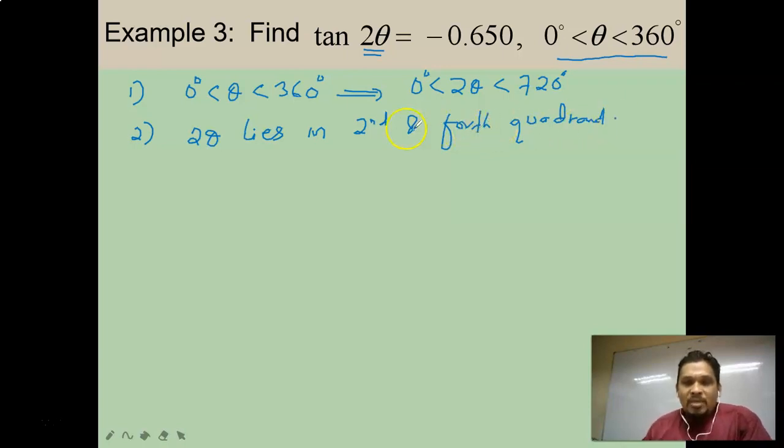Again, 2 theta lies between 0 and 720 degrees, meaning that here is 360, one full cycle, and 2 full cycles, and it gives you 720 degrees.